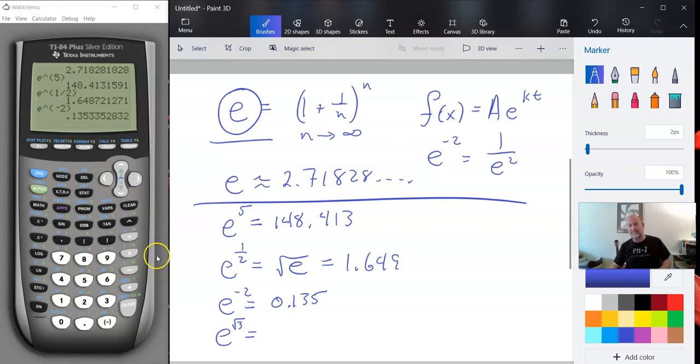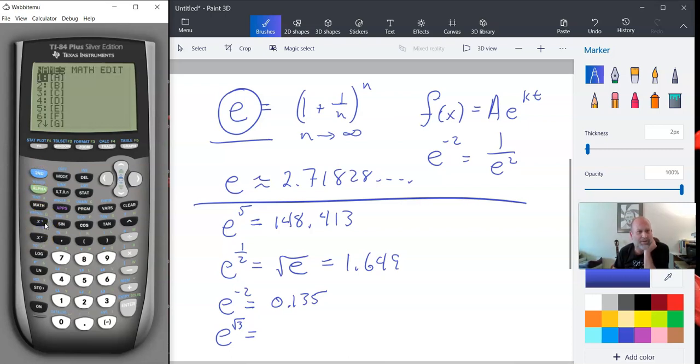Now the last one, you notice I have an exponent with a square root in it. So same business, right? We want e to the, and now we need a square root. So it's usually, if there's a button that says square, the second function is usually the square root. That is not what I meant to hit. Let's go back.